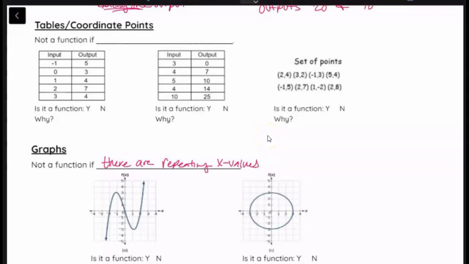So if we look at our first table, I see that there are no repeating x values. I have a -1, a 0, a 1. These are different. One's negative, one's positive. So they are considered different numbers. 2 and a 3. So since there are no repeating x values, yes, it is considered a function.